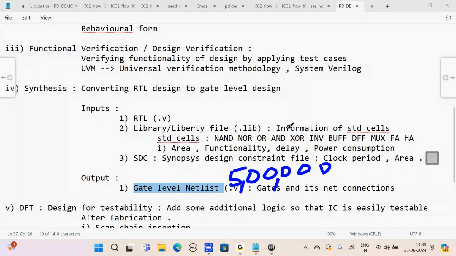Still there is modification happening. So next time the modification happens, how many cells do you think it will change? Hardly 500 cells. So next time it will be like 5 lakhs, 500 cells. From the first release of RTL to the second release, they will take 1.5 months. In this 1.5 months, will the physical design team sit idle?